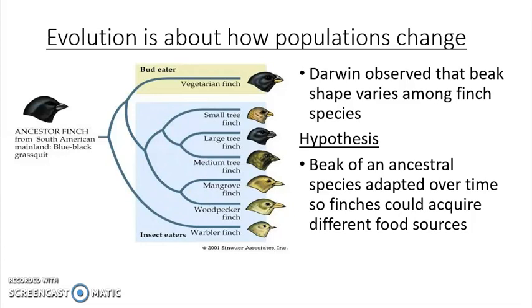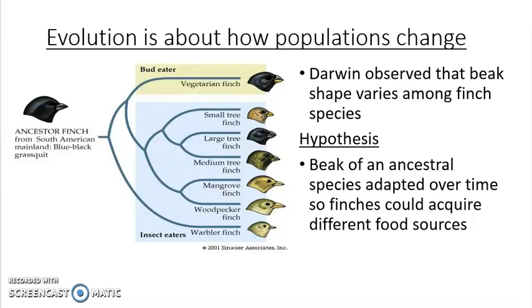There was a drought on one of the islands where these finches were, and what they found was that the drought resulted in fewer small seeds being available to the finches, and a lot of the small-beaked finches died off. They didn't have the food. So if you think about how this population changed, there was an increase in the average beak size of the finches because of their environment. This hypothesis is actually borne out by experimental evidence that was collected more than 100 years after Darwin was down there.